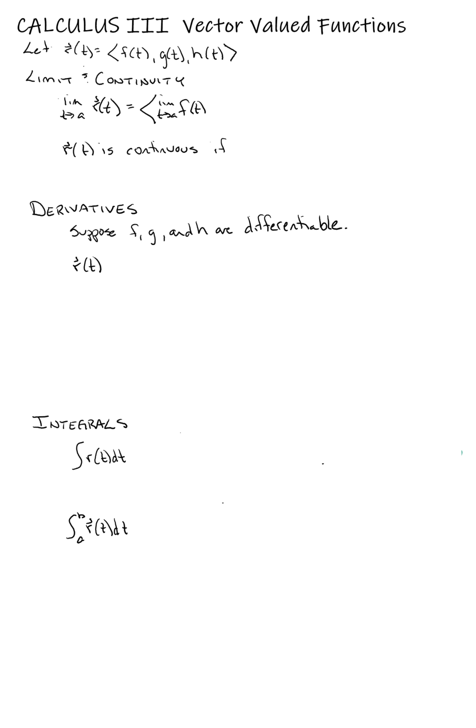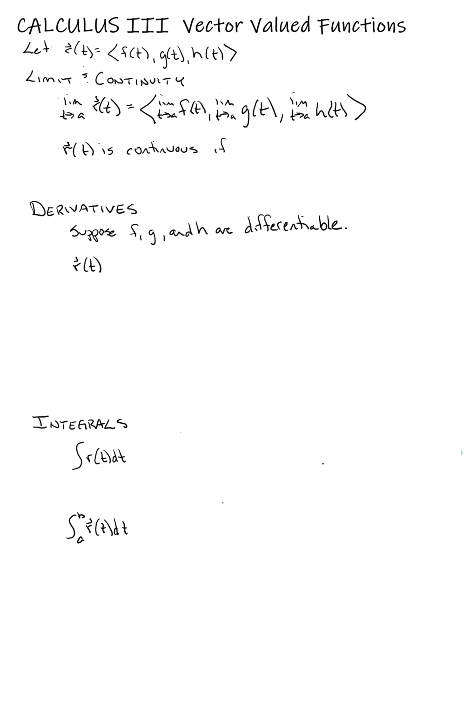Notice these are not vectors here, these are the components. We'll simply take the limit of each component function. So nothing too crazy there. That's it. There you go, taking limits of vector-valued functions.